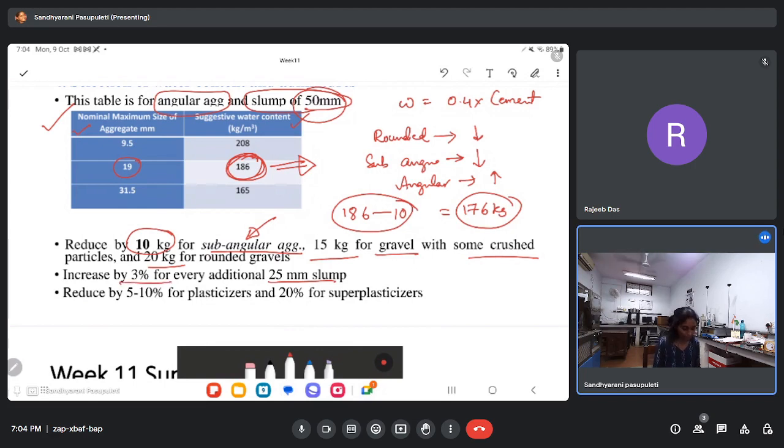According to the specification, 3% for every 25 mm. So if 186 is the water content, I have to reduce 3 by 100 of 186 for every 25 mm slump reduction. And if you are going to use plasticizers, then you have to reduce 5 to 10%. If you are going to use superplasticizers, again you are going to reduce.